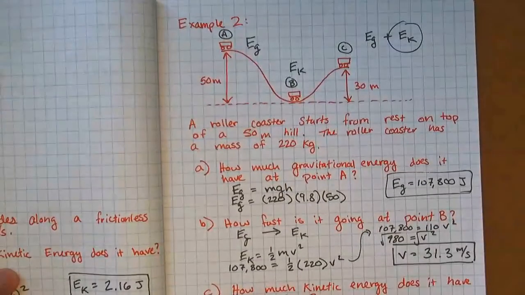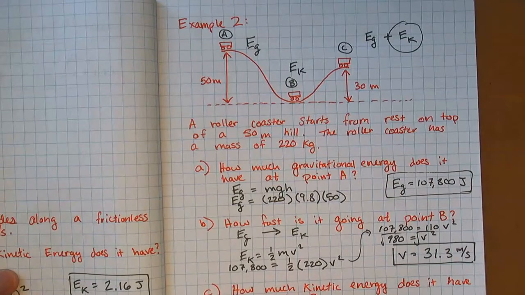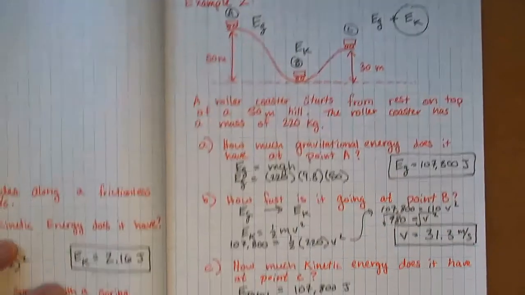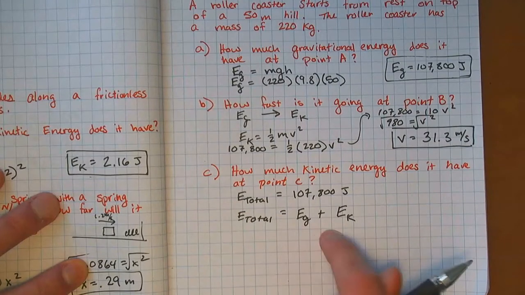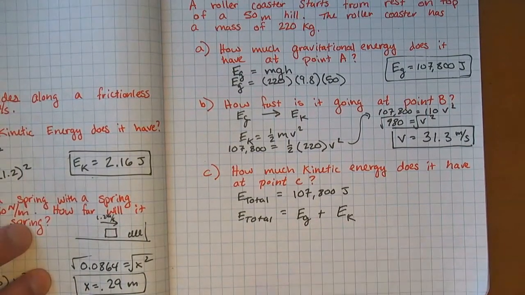So let's take a look at this. I know that the total amount of energy that I have is 107,800 joules. I also know that the gravitational energy plus the kinetic energy at part C is equal to the gravitational energy plus the kinetic energy.